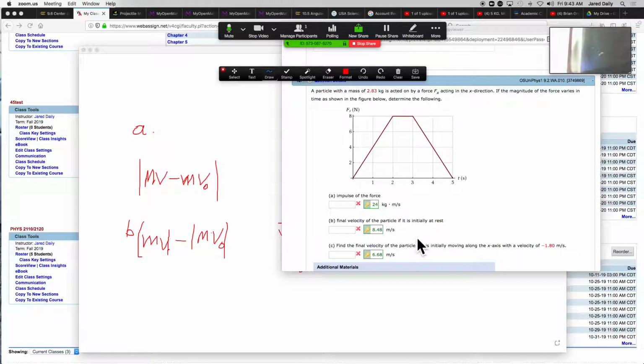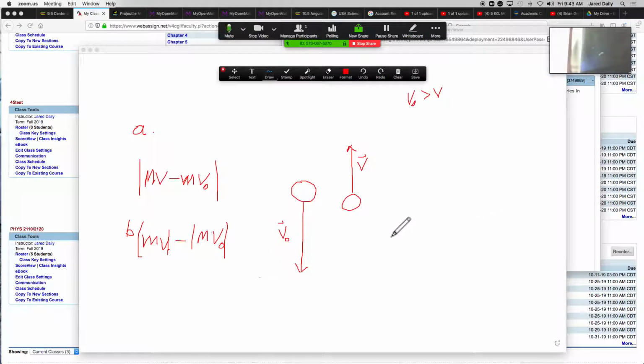The final velocity of the particle, if it's initially at rest. Well, remember that impulse is always equal to the change in momentum. So you can use that equation. Impulse, which is force times delta t, is also equal to change in momentum.